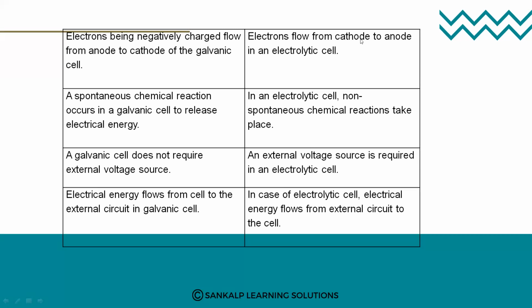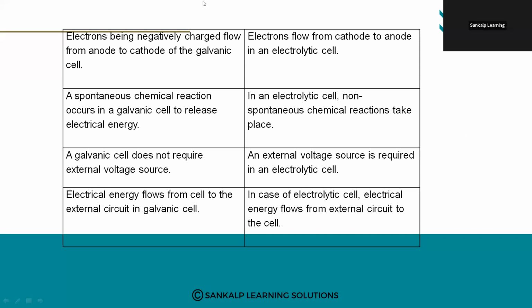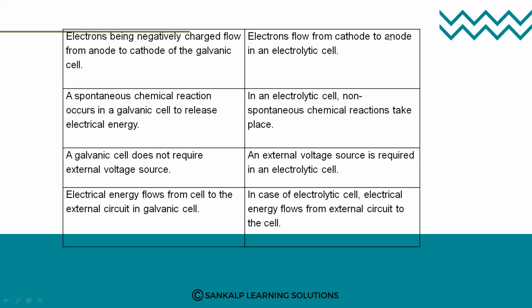Then in a galvanic cell, electrical energy flows from the cell to the external circuit. And in the case of an electrolytic cell, the electrical energy flows from the external circuit to the cell. So these are the differences.